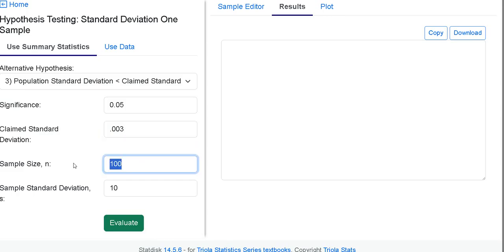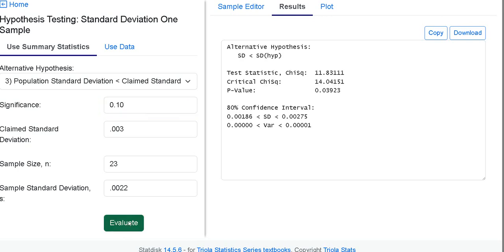Sample size. Remember, it's asking for sample size, not degrees of freedom. So sample size would be 23. How about the sample standard deviation? 0.0022. And the significance level, I guess it's 0.10, right? It actually won't affect the p-value.